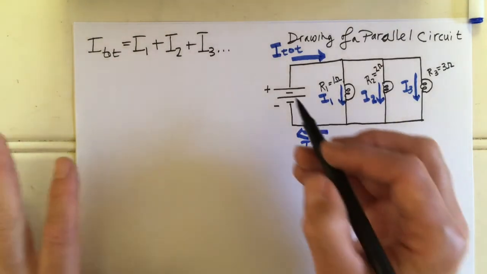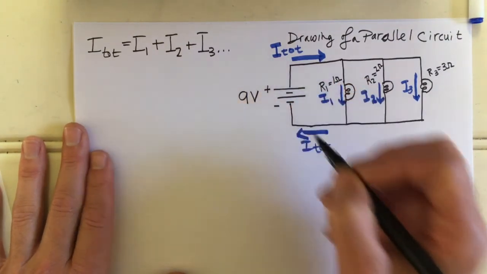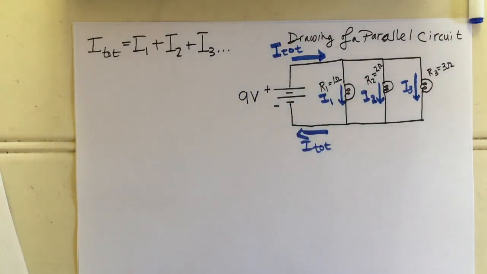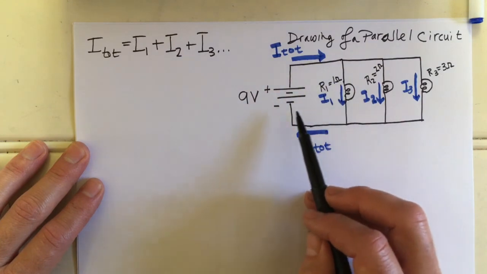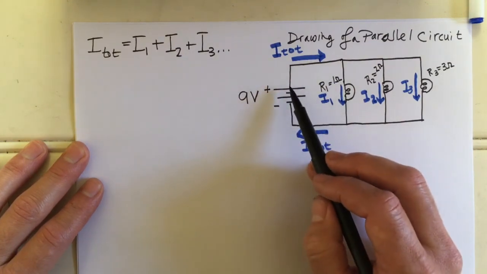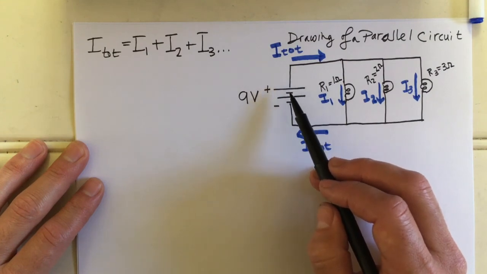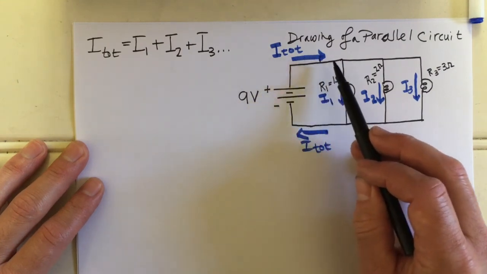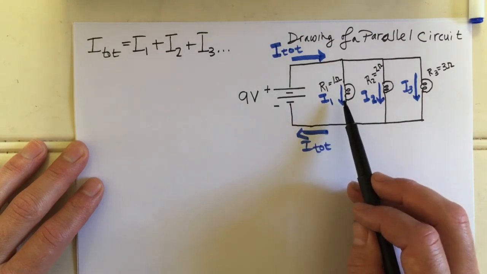This one's kind of interesting. So this is going to be a 9-volt battery. And Kirchhoff's loop law says that for each complete loop of the circuit, the change in voltage equals 0. So if you add 9 here and you go through a loop of the circuit, you have to spend 9 right here.